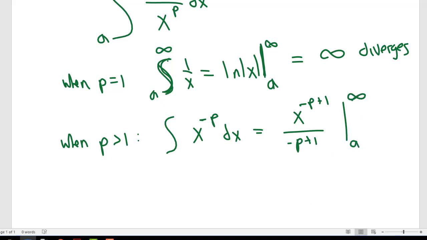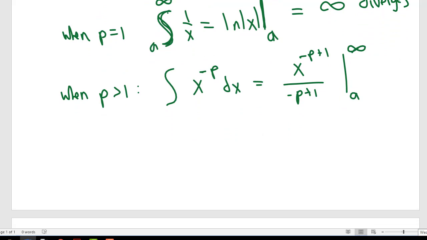Now, if you think about this for a moment, in our original example of 1 over x squared, once we had x to the new power, it was negative. If p is 2, this is negative 2 plus 1, which is negative 1. If this was 1 over x cubed, this is negative 3 plus 1, which is negative 2. So the exponent will always be negative when p is greater than 1.